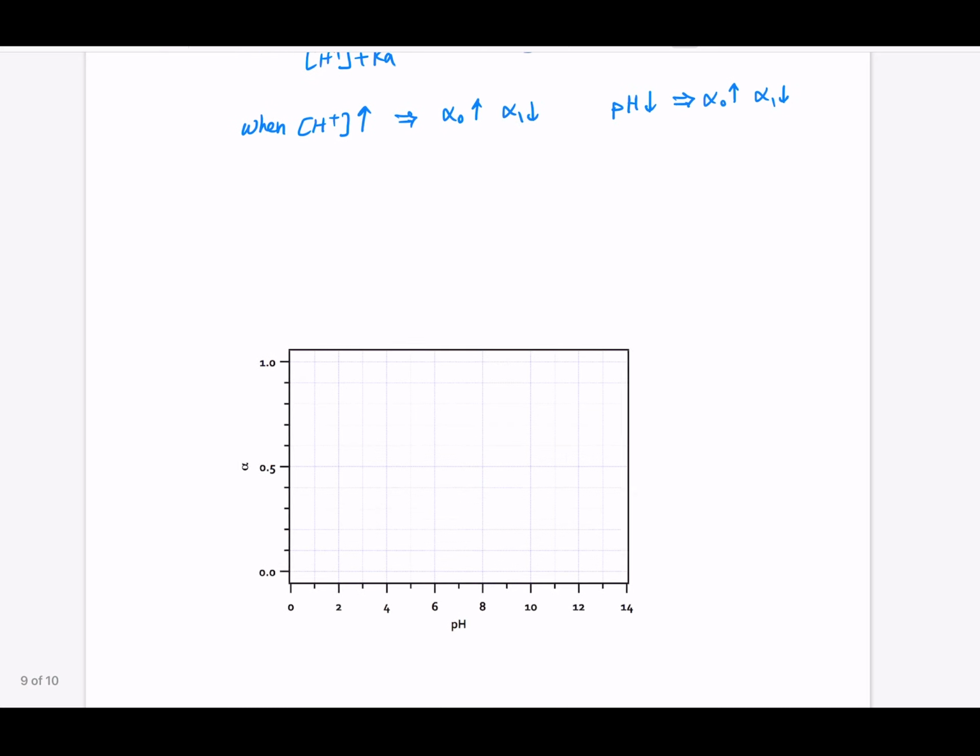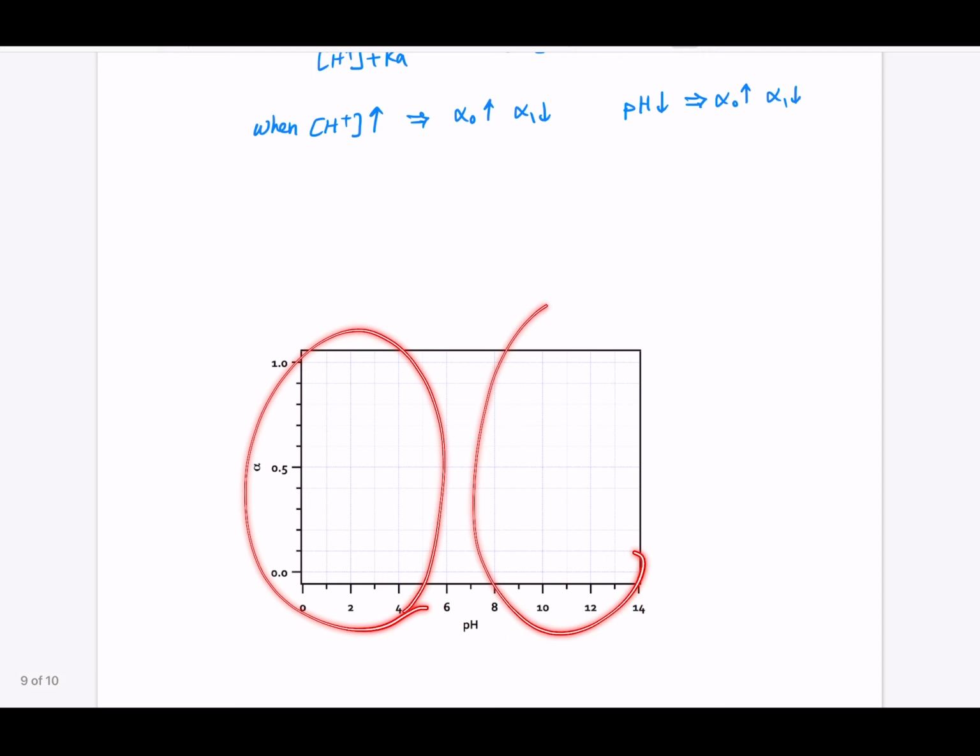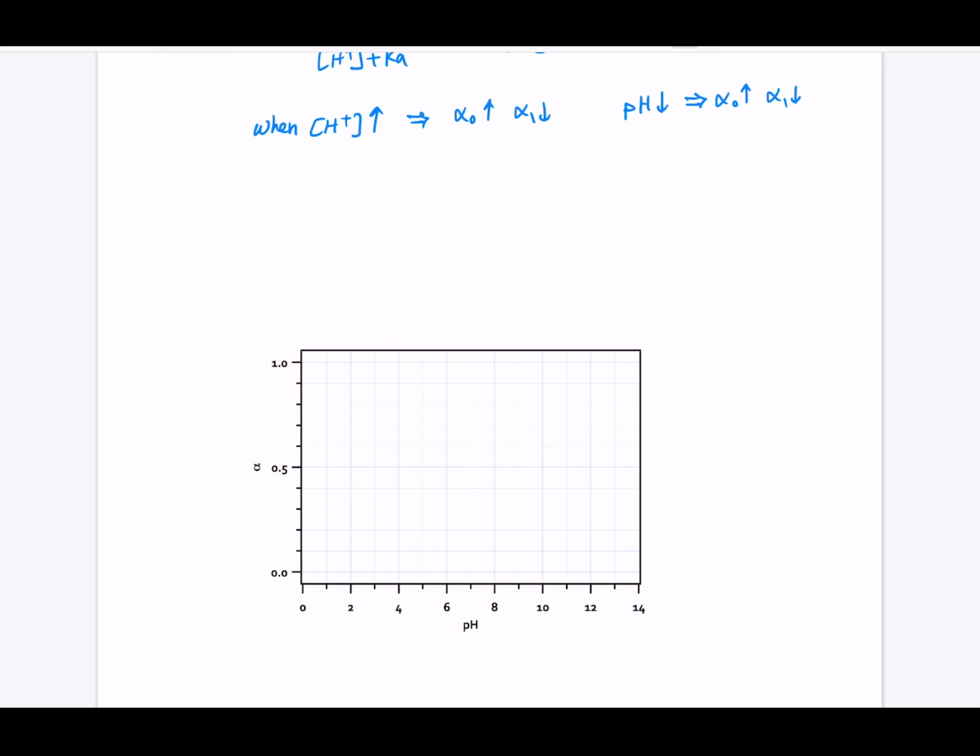What part of this graph is it? Is it this part or this part? So the left. Roughly, initially we're at this point in terms of alpha 0, alpha 1, sorry. This alpha 1, we know, is OCl minus divided by the total. Because the combination is always 1, at that range, this is very qualitative. The values are not the most accurate.